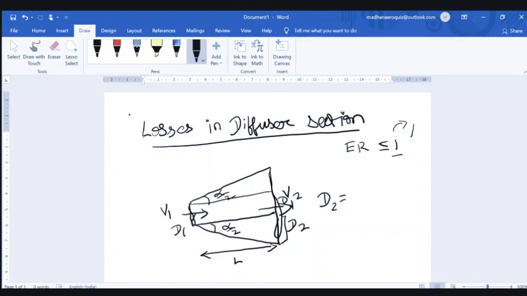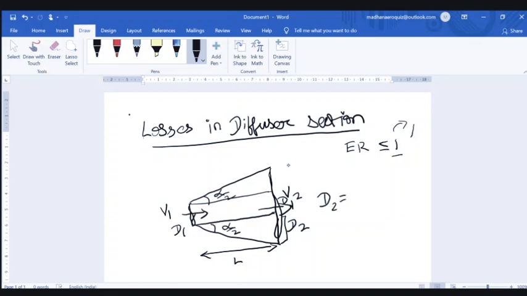If we consider the length of the diffuser, here it is the opposite side and this is the adjacent side. We can fix the adjacent side only at the angle. So this is your adjacent side and this is your opposite side.